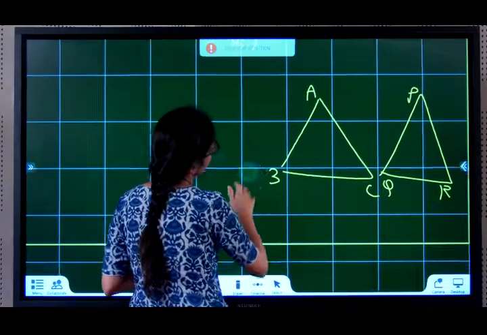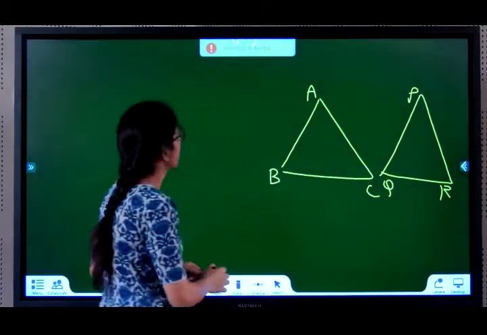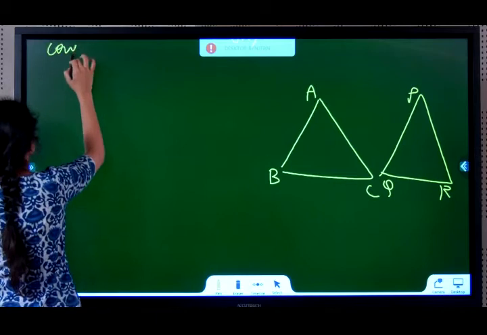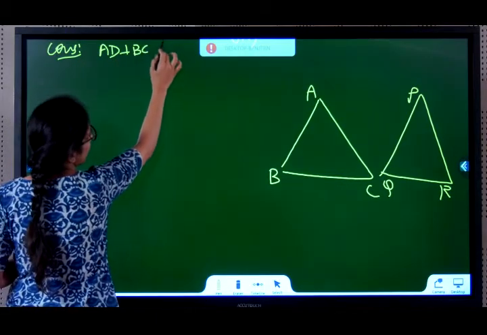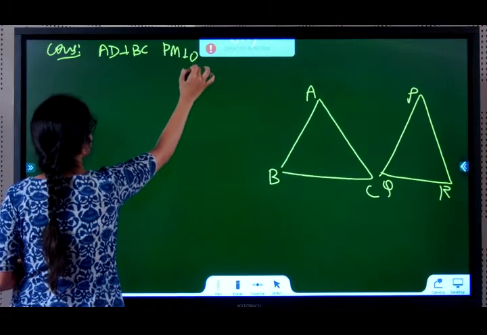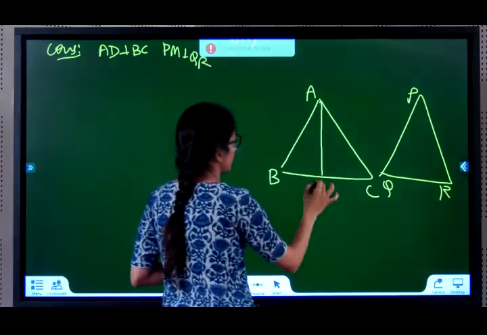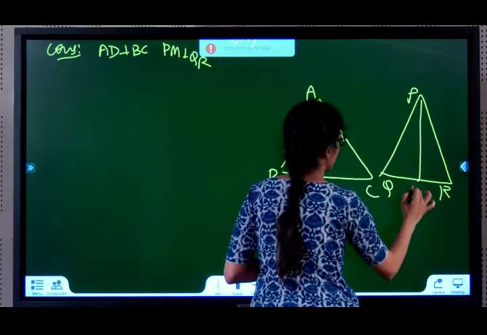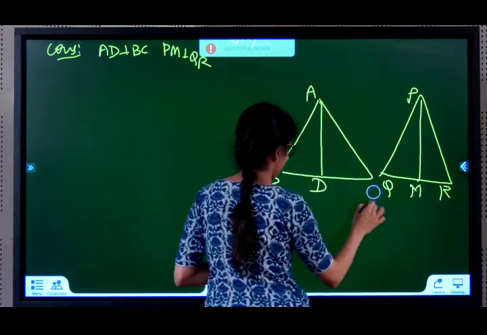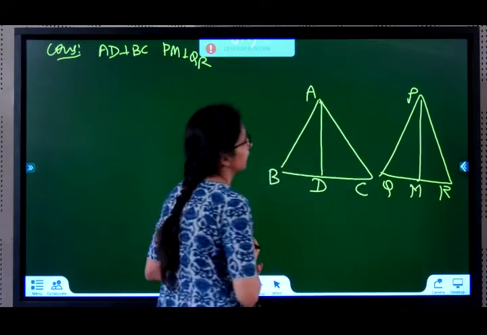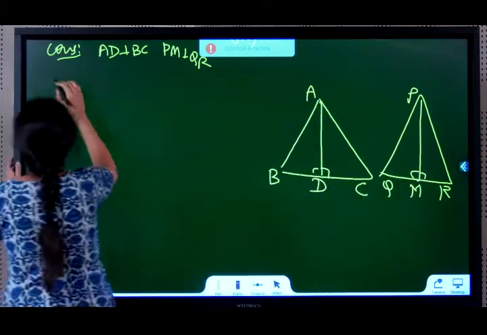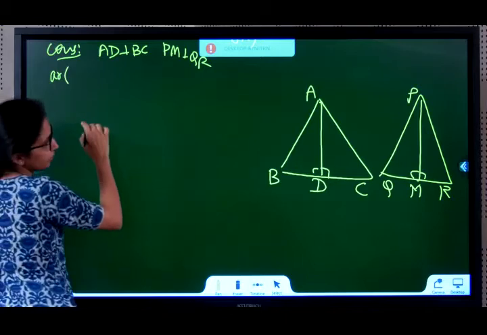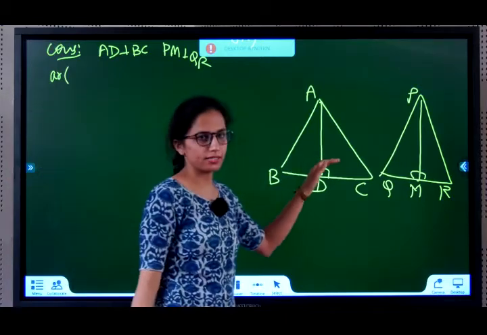The first step before we do the proof is construction. Construct AD perpendicular to BC and PM perpendicular to QR. I construct the perpendicular to get half into base into height.